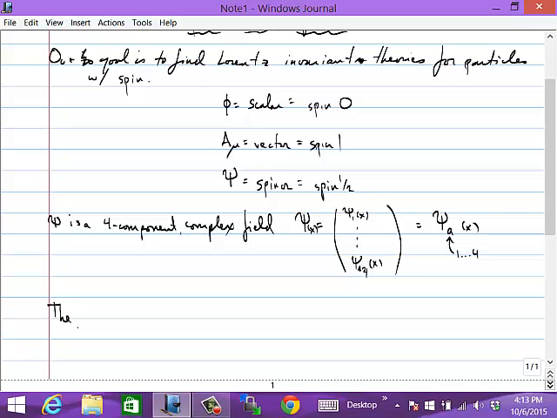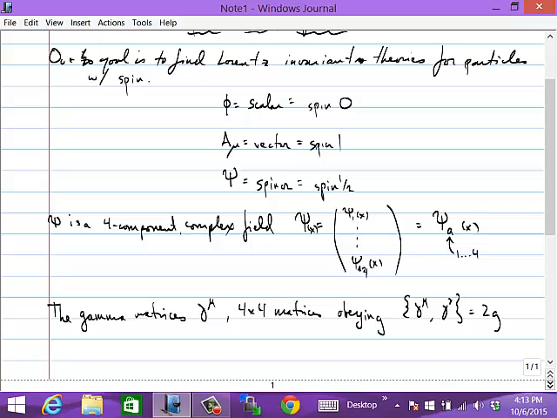The Dirac equation was constructed in terms of the gamma matrices, denoted gamma mu, which are 4x4 matrices obeying the Clifford algebra, which says that their anti-commutator is proportional to either 1 or minus 1.